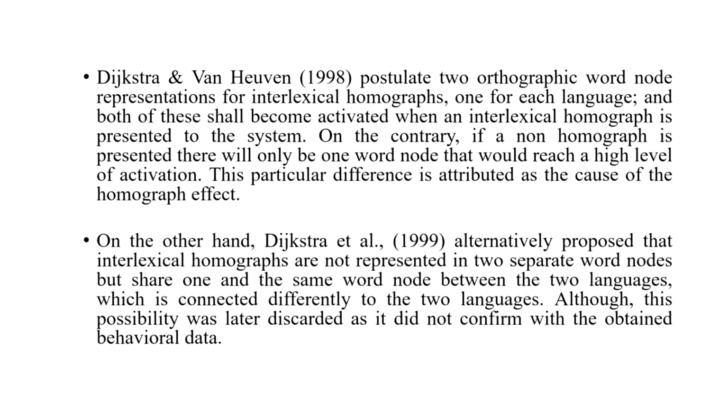Say for example, if I am presenting the word room, which is an interlexical homograph for Dutch and English, because room means the space in English, whereas room means cream in Dutch. Now, this word coming from feature level and letter level will lead to activations of common targets, but it will have one entity in Dutch and the other entity in English.